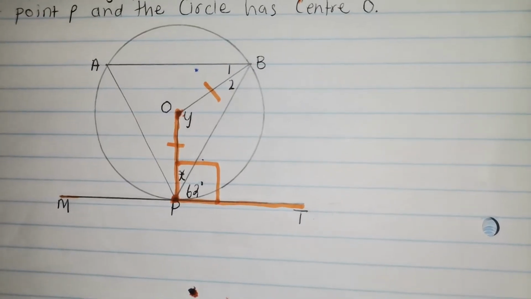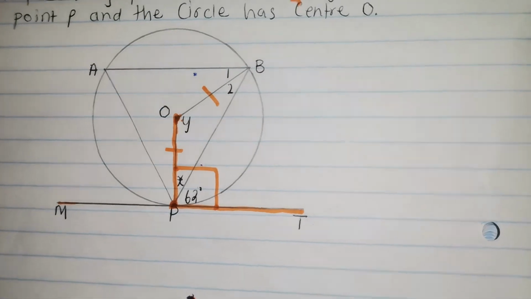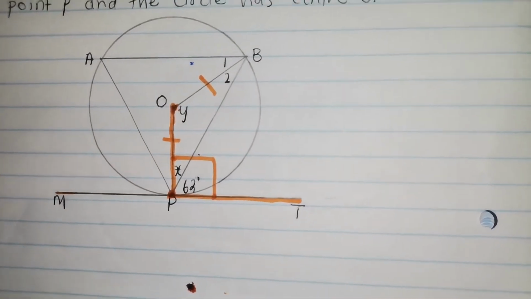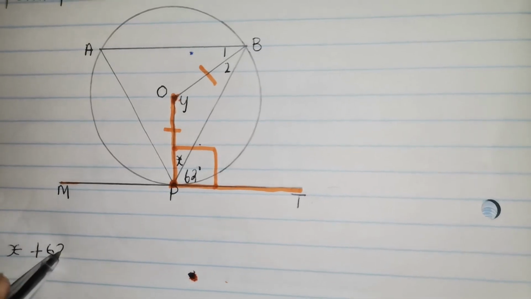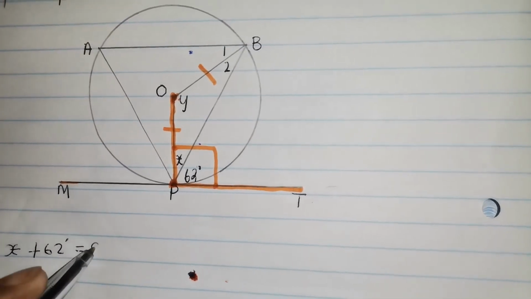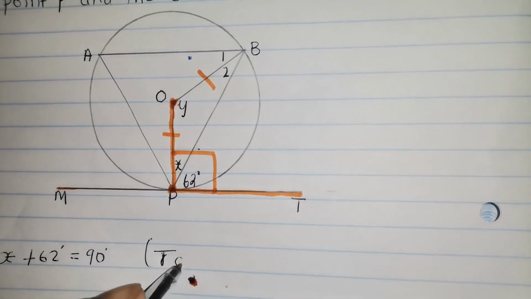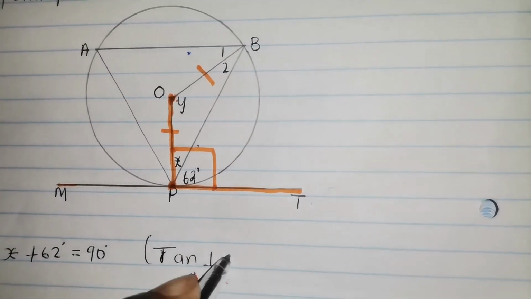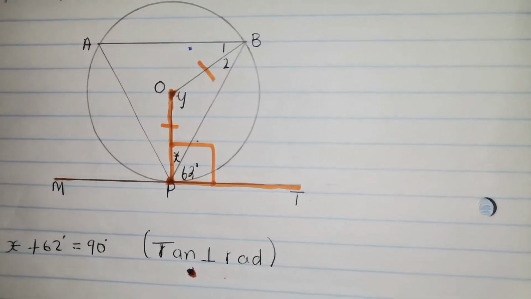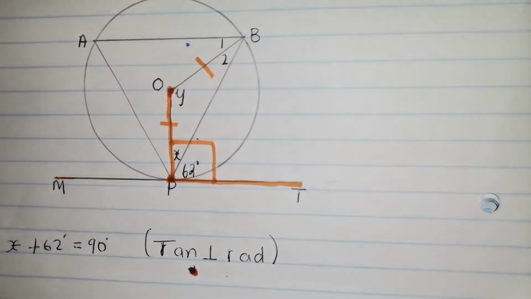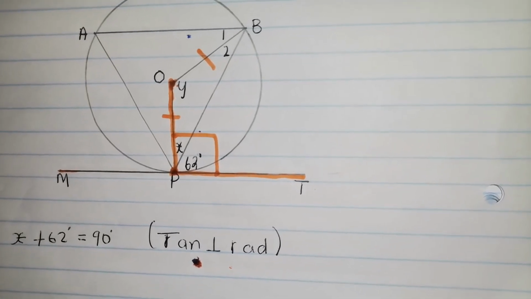I hope you understand, guys. So let us simplify this example thoroughly. So x plus 62 is equal to 90, because the tangent is perpendicular to the radius. I hope you clearly understand what's happening here. And then you're going to transpose that 62 to solve for x.